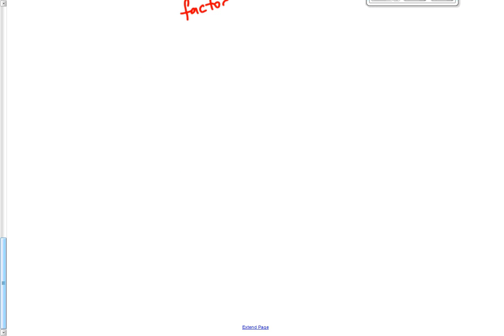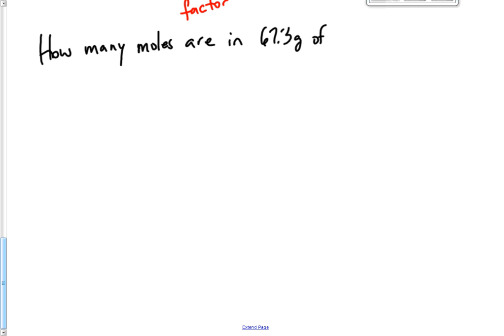All right, let's do another one. Let's go backwards. Let's start with grams. So how many moles are in 67.3 grams of aluminum?